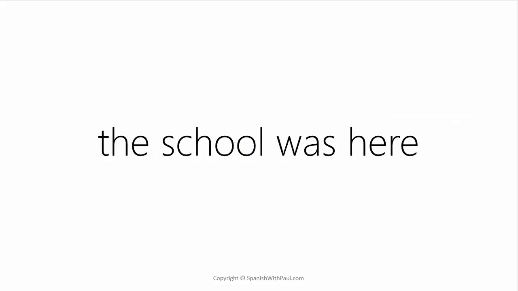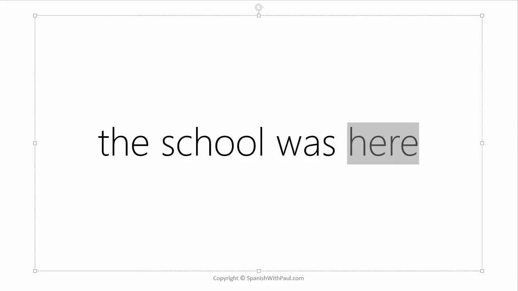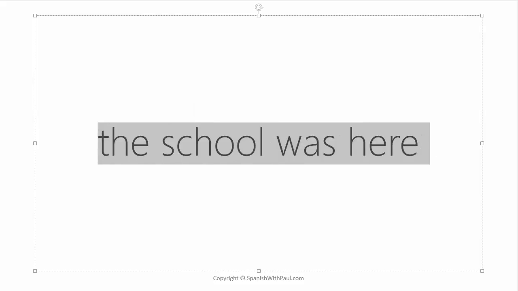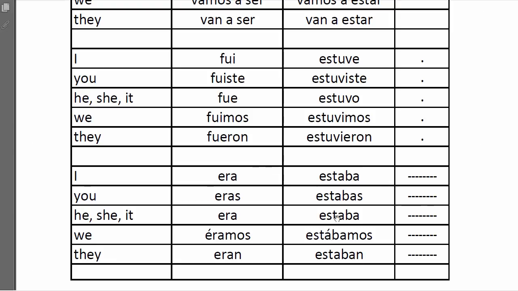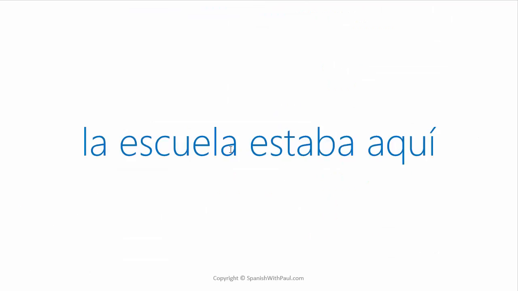Now the past, the school was here. We're in estar because we're referring to location. So the thing to decide is, is this a dot or a line in the past? What do you think? So it's a line because there's nothing much to measure here. There's no more information. So what we want is estar with a line. Estaba, he, she, it. So it would be la escuela estaba aquí.